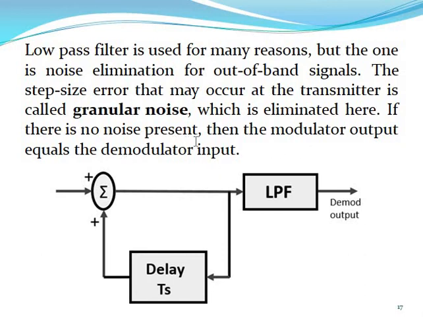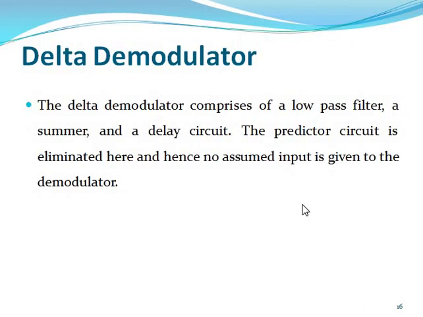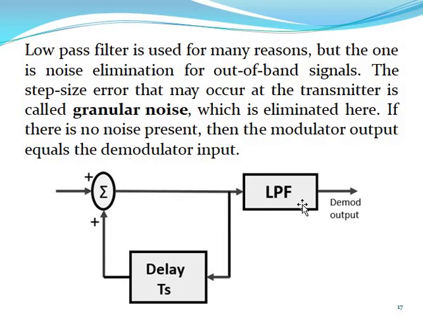If the delay is present, then you can add the delay. If no noise is present, the demodulator output is equal to the modulator input. So this is the input to the demodulator, and this is the low pass filter, but if any noise is present, then the output is not equal. If your delay is present, then you can add the delay in the next signal or next data. Also the delay you can add in the low pass filter. So this is delta modulation and demodulation.